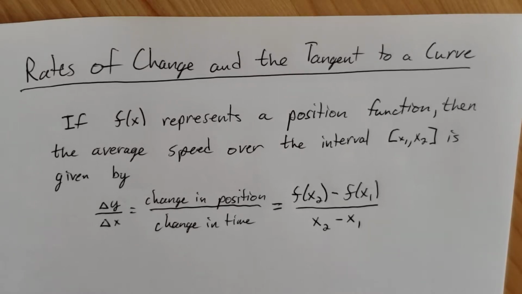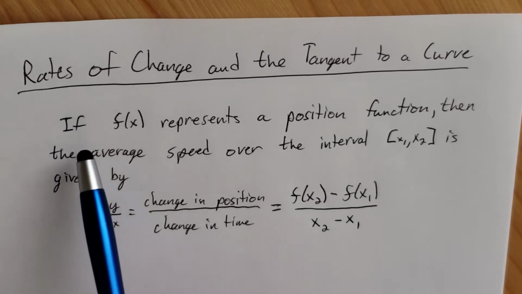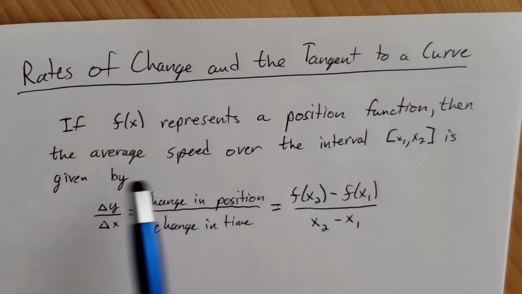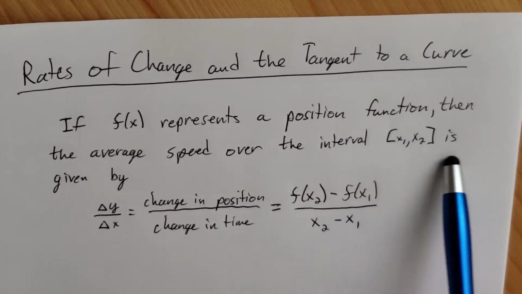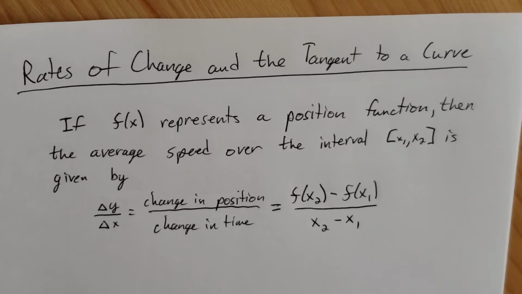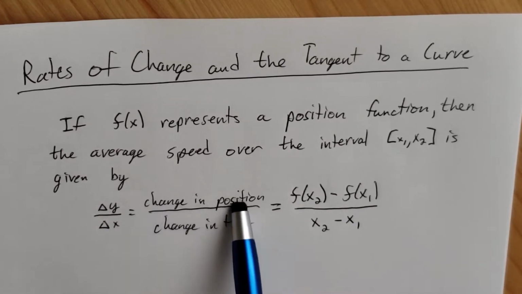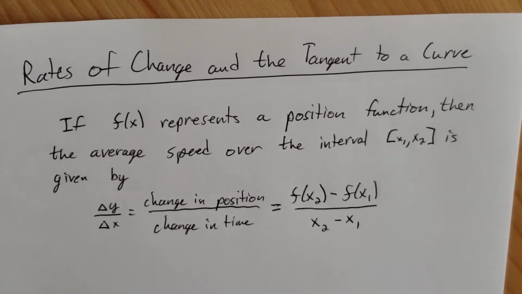In this video, we're going to take a look at rates of change and the tangent to a curve. I wanted to start with a definition of an average speed. If we have a function f of x, which represents a position function, then the average speed over the interval x1 to x2 is given by change in y over the change in x, which represents change in position divided by change in time, which is f of x2 minus f of x1 over x2 minus x1.